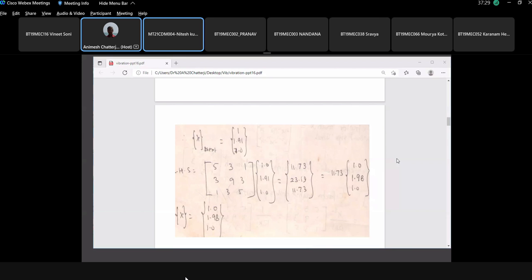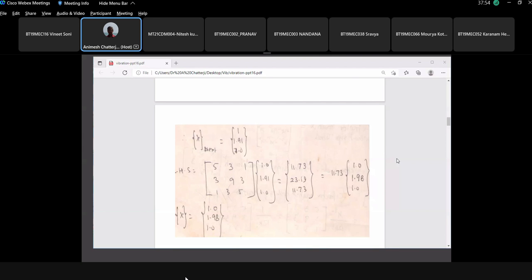No. What was my statement a little before? Iteration will always converge to the first mode shape, except when the starting vector is exactly equal to a higher mode shape. So 1, 1, minus 1 will also converge to the first mode shape. You can start.